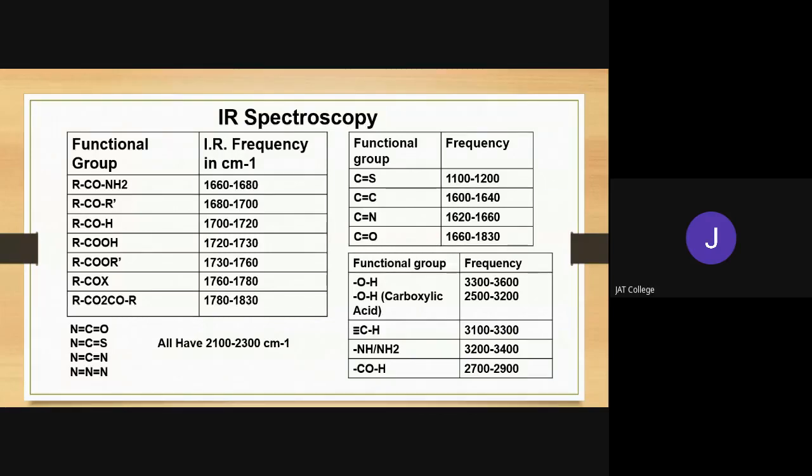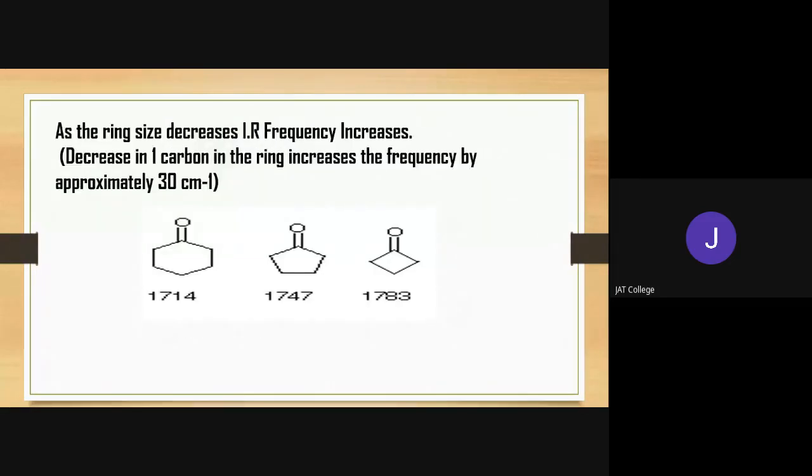And the second thing you have to remember with respect to IR spectroscopy is the effect of conjugation and ring size, as far as the SET exam or NET exam is concerned. Look at it. As the ring size decreases, IR stretching frequency increases.